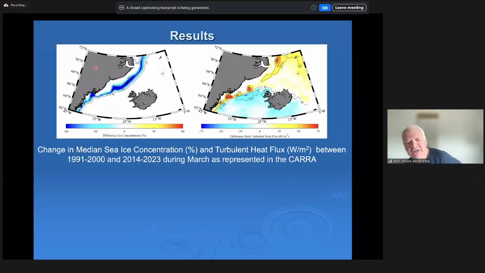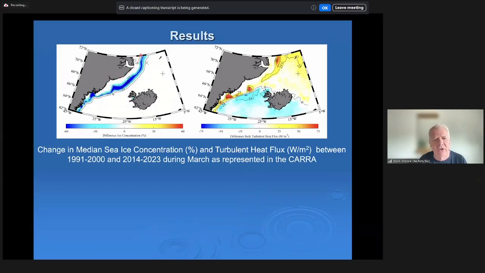So what I'm plotting here is essentially the changes. I'm focusing on the early decade and the later decade. This is the change in the sea ice in the model. And again, you can see there's this large region where there's essentially been just a retreat. The marginal ice zone is getting much narrower. We've lost upwards of 60% of the sea ice concentration along this band here.